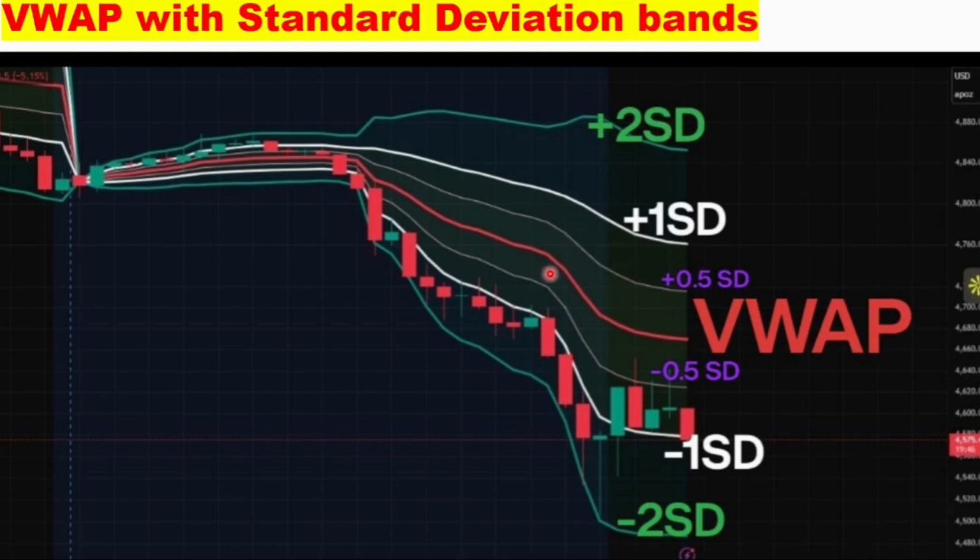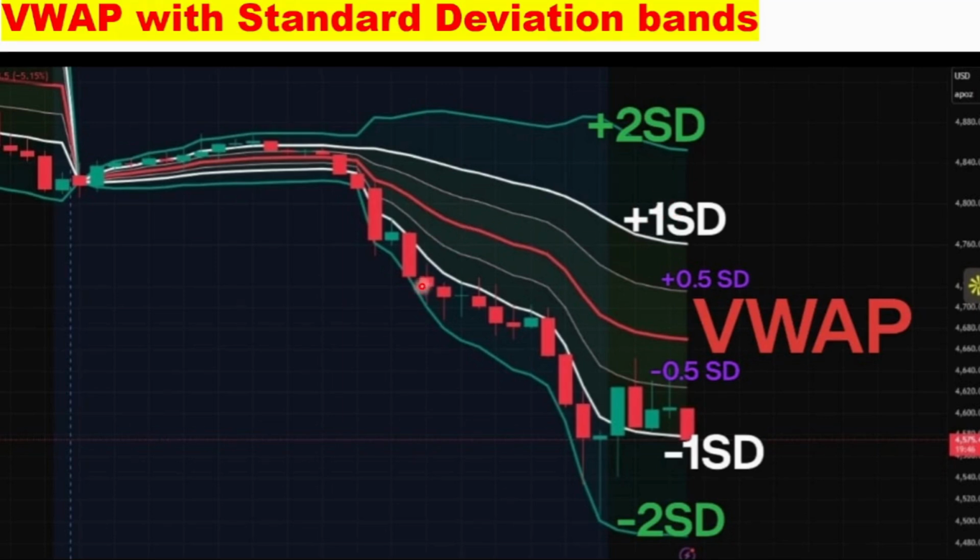These bands help us see how much price is fluctuating. Around 1 standard deviation, about 70% of the volume is traded in that particular session, and around 2 standard deviation bands, 95% of the volume is traded around those zones.